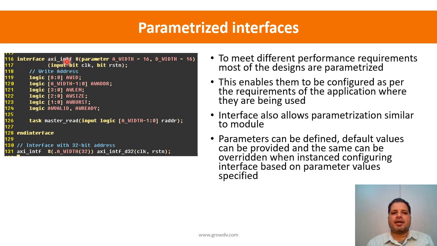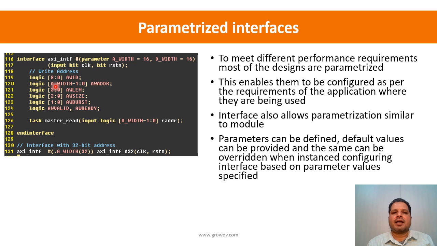You say interface AXI interface, and then you use the pound, and then you can define a comma separated list of different parameters, and you can pass the initial value, so that if this parameter is not defined, the value will be set to whatever default value we have specified. And after this list, you continue with your regular declaration of your input ports for the interface, then the bunch of wires that we are declaring.